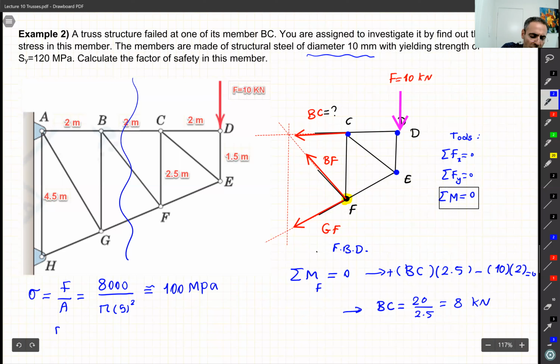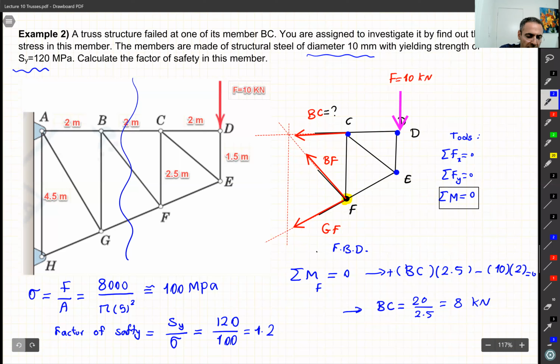And we know the factor of safety. Factor of safety is equal to SY, the strength, divided by stress, right? Here, the strength of the material is 120 megapascal. The stress is 100. It is 1.2. So our safety factor is 1.2.